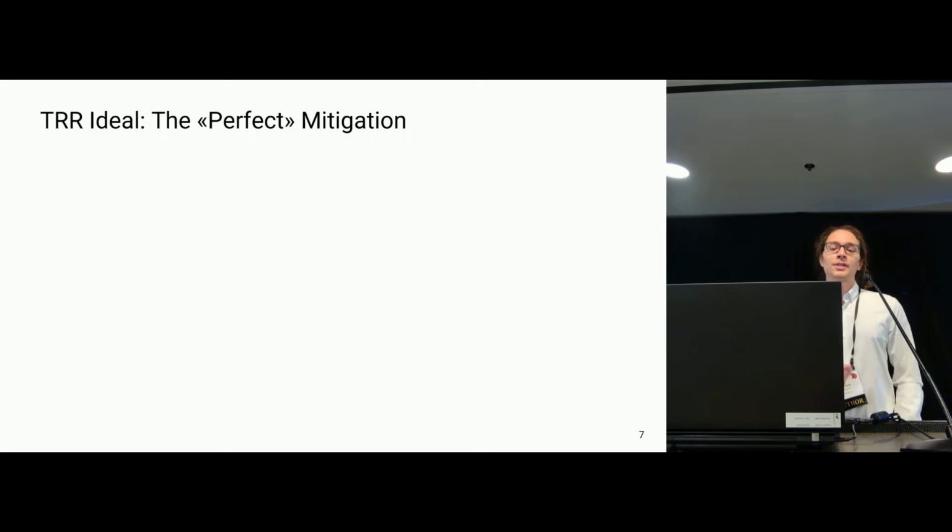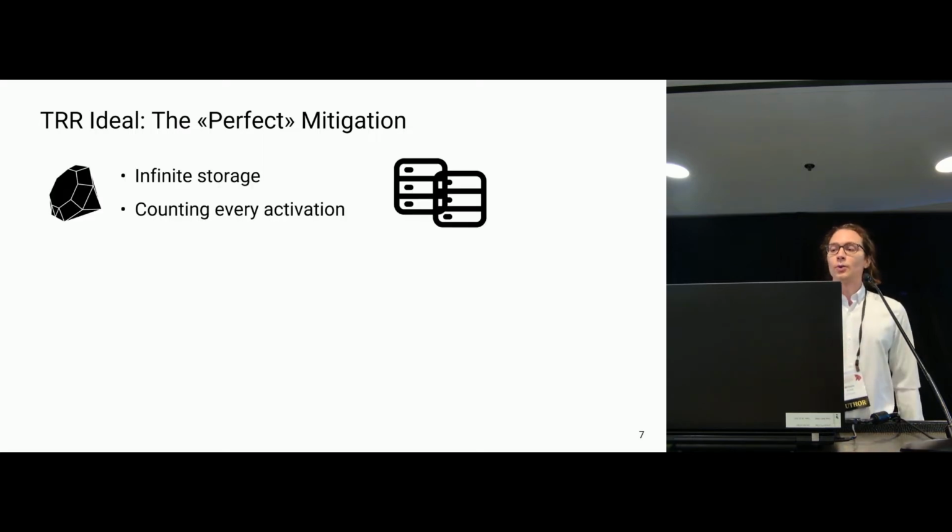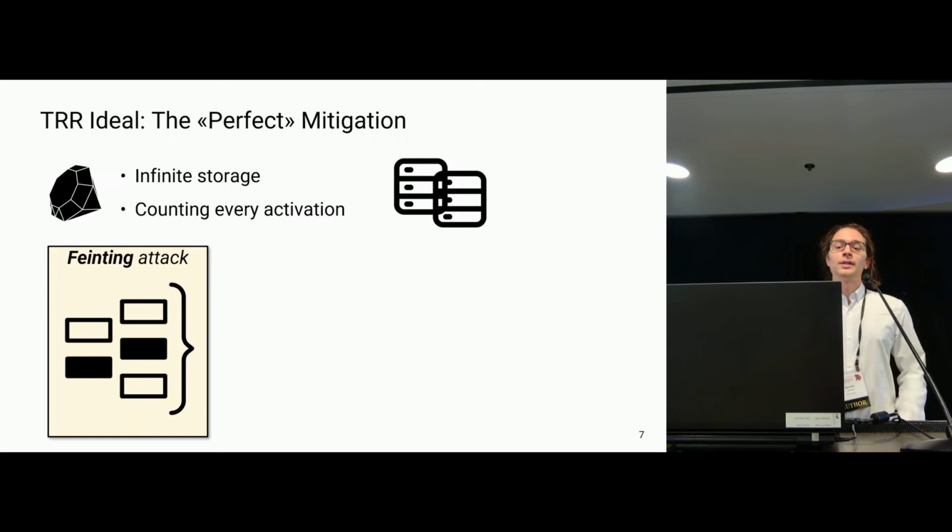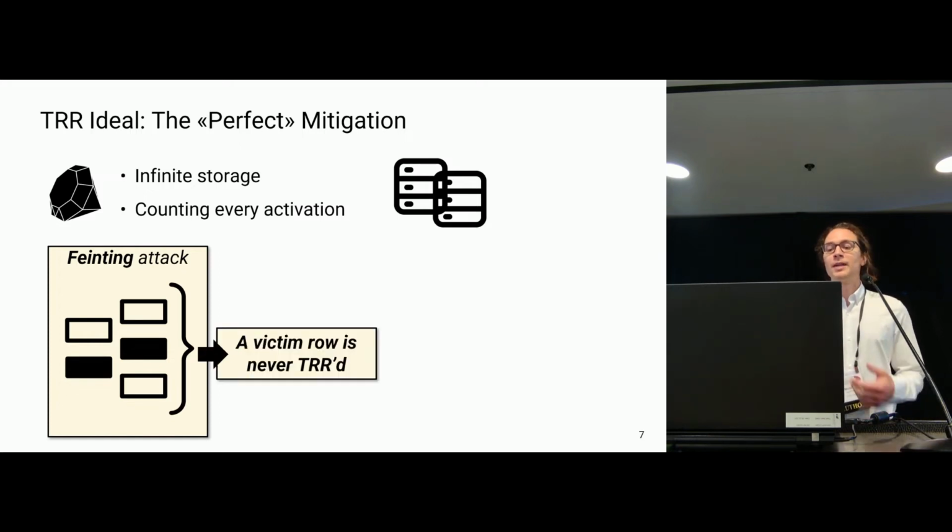So let's consider for a second TRR ideal, which is the perfect mitigation. So we are considering infinite storage and the possibility to count every single activation. Well, with our work, we showed our novel attack called fainting, proving that even such a mitigation would still be vulnerable to fainting. What do we mean by vulnerable? We mean that a victim row will never be refreshed by TRR.